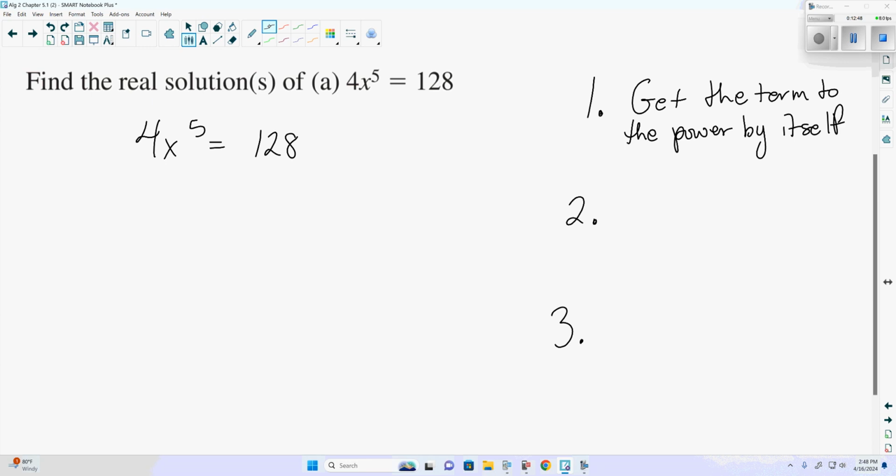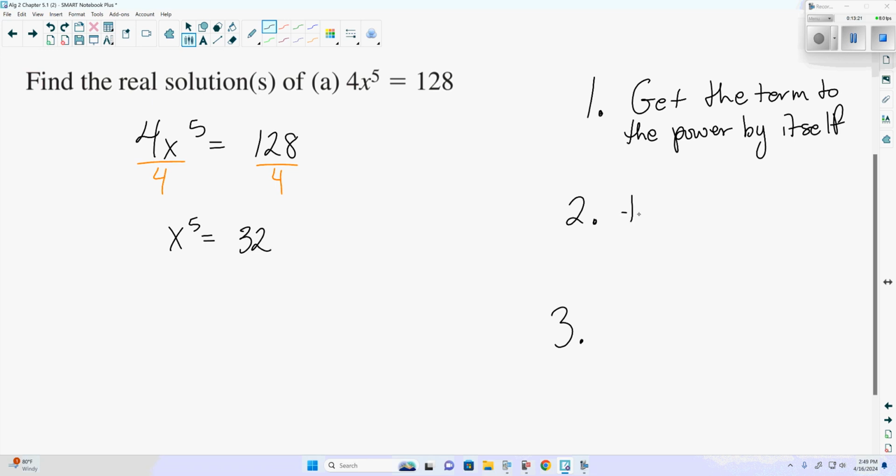Well, it's the x to the 5th, yes? We need to get it by itself. So what's with it? We would divide both sides by 4, telling us that x to the 5th is 32, because we want to get that term to the power by itself. Technically, 4x to the 5th is a single term, but we're really looking at that x to the 5th. We're trying to solve for it. So we want to get it by itself.